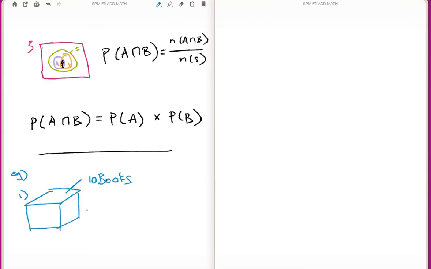Among these 10 books, there is 1 book in Japanese, maybe 2 books written in French, and the others in other languages.